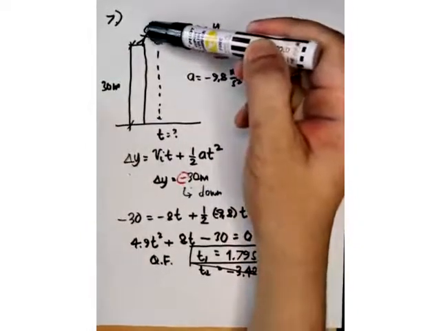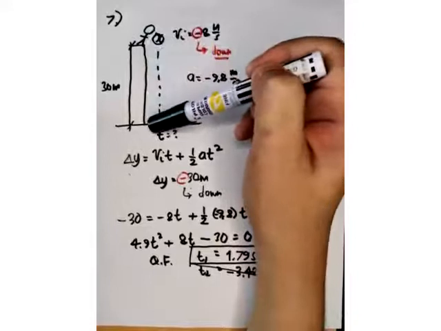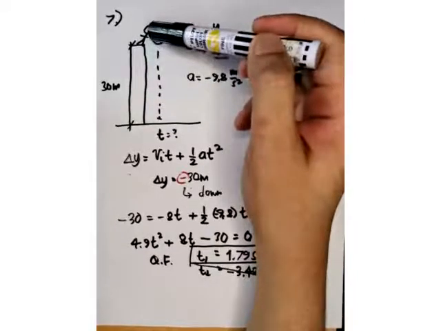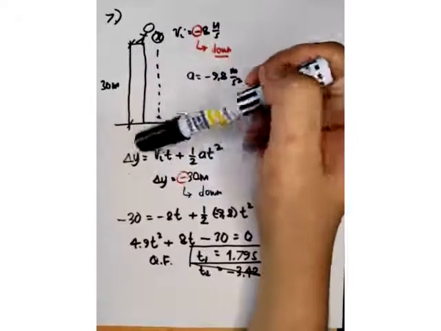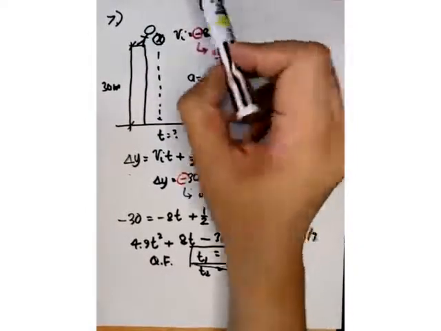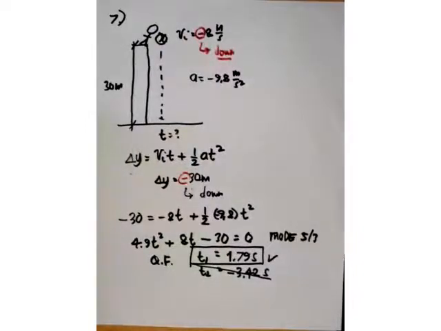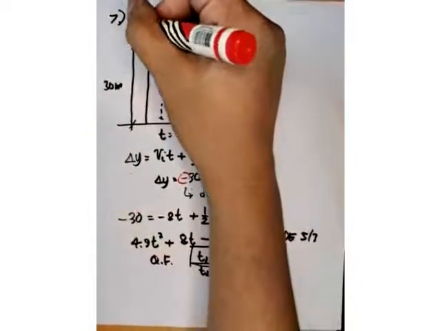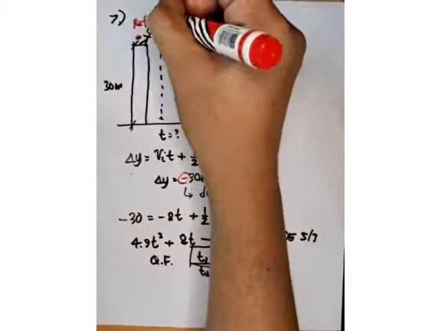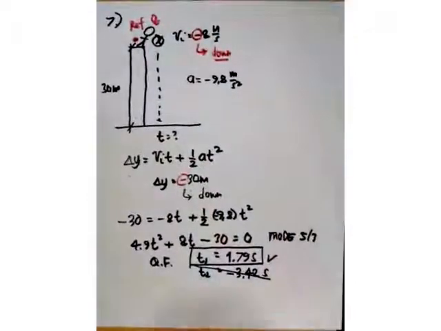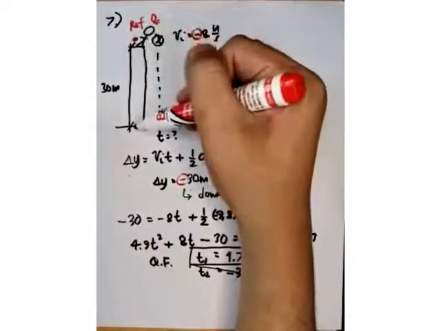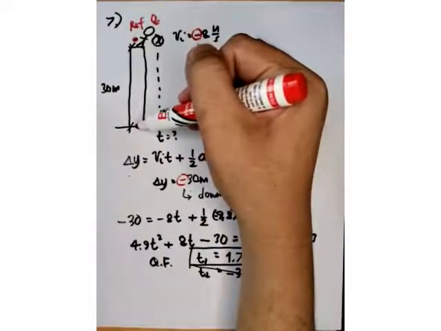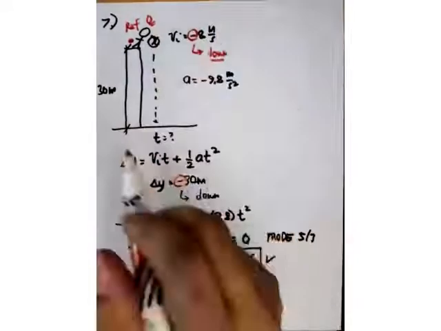Tinapon siya dito sa height na to, pumunta siya sa ground. So ano yung displacement niya from this point going to this point? Since nandito yung reference, this is zero displacement. Since nagpunta siya sa baba ng reference, that's negative. Kaya naging siyang negative 30.